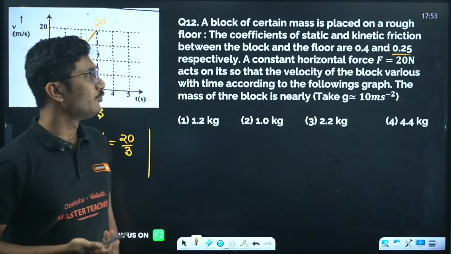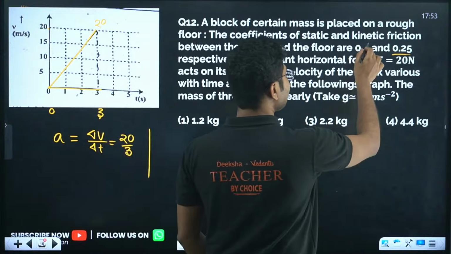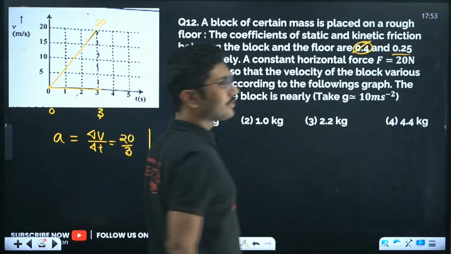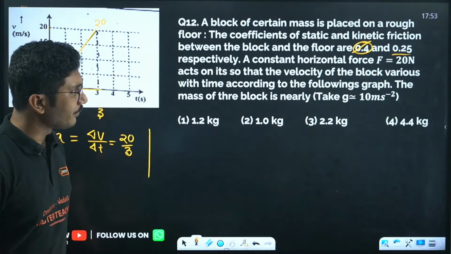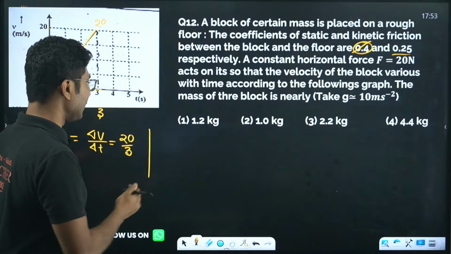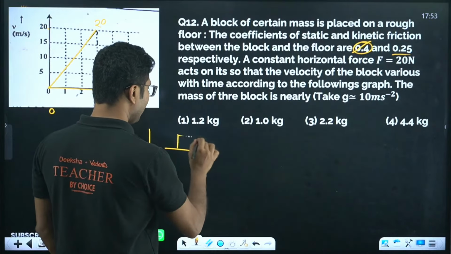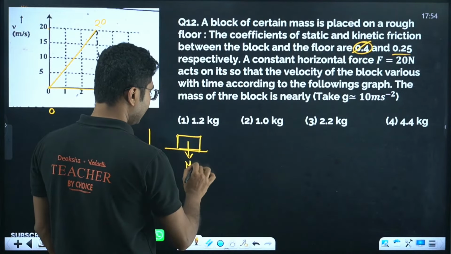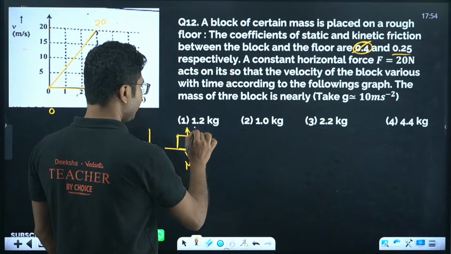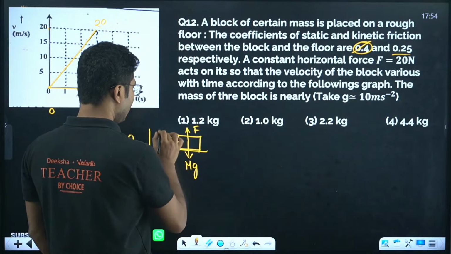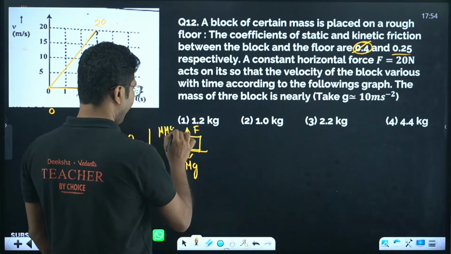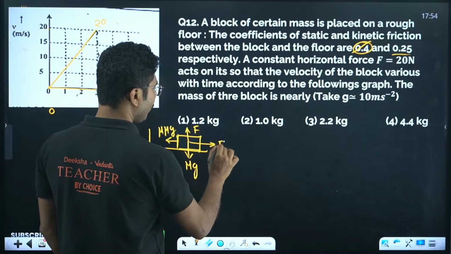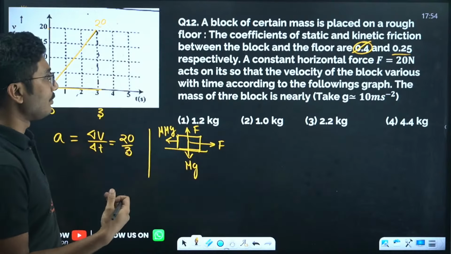Because the block is moving, we will not consider the static friction. Static friction you can ignore because the block is moving, so only kinetic friction has to be considered. Now when the block is moving, what is the force of friction? This is mg, the reaction force, so the friction will be mu mg, and there is a forward force which is taking the block forward.